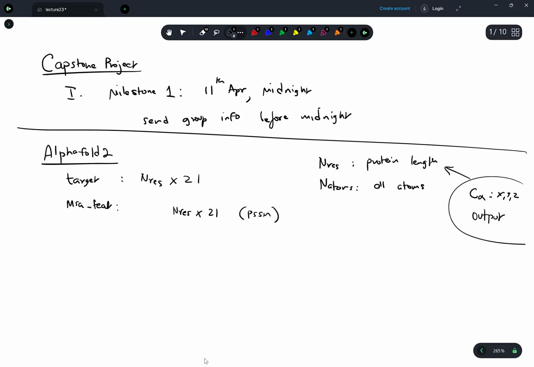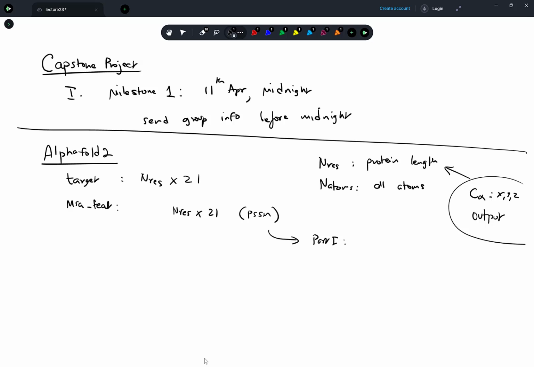So that's our information because we just have a PSSM. I'm putting this in two steps. For part 1 of the capstone, this is the information you will be using as input for now, because there's nothing else that we have. The position specific scoring matrix is simply which amino acid is in which position with what probability.